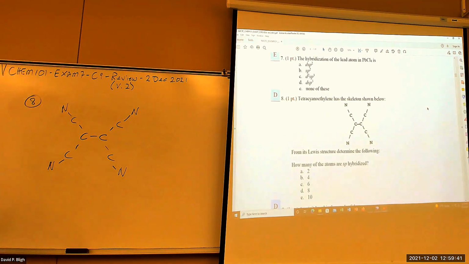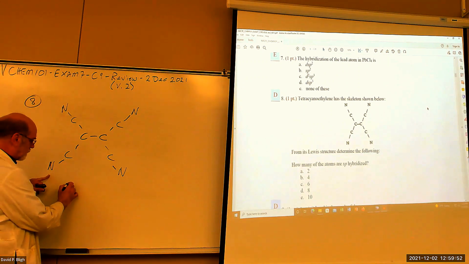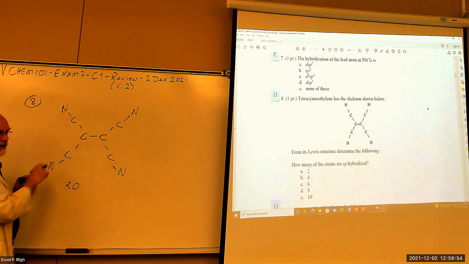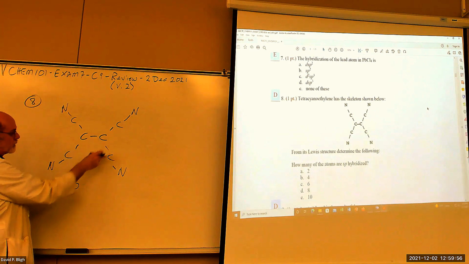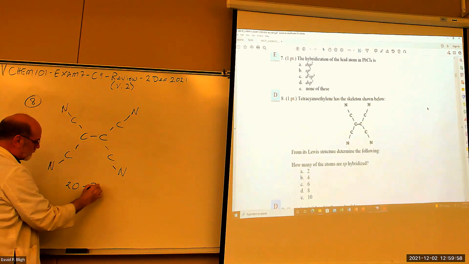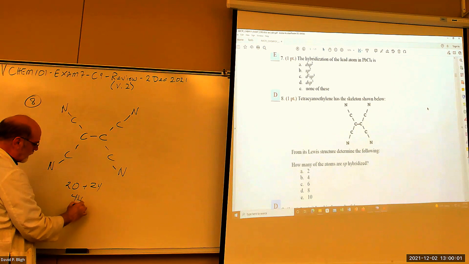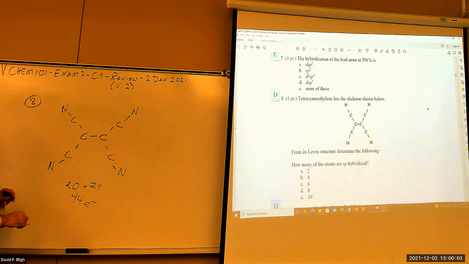Okay. So if we're going to complete this Lewis dot structure, we need to know how many electrons we're going to put in. Now, each nitrogen has 5, correct? So 4 times 5 is 20. And then each carbon has 4. So it's 1, 2, 3, 4, 5, 6. That's 24. That means we have 44 electrons that have to be placed. Now, the rule is start from the outside and work your way in.